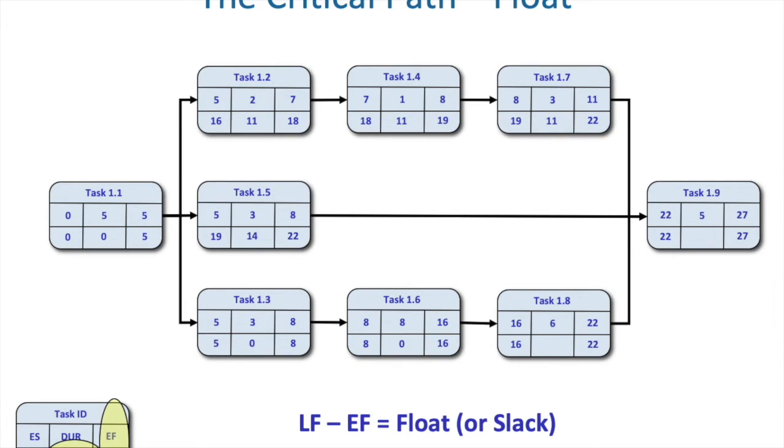Task 1.7. 22 minus 11 is 11. Task 1.8. 22 minus 22 is 0. To the last task, 1.9. 27 minus 27 is 0. So now we've gone through and we've determined all the float, or the flexibility, of each one of the tasks.